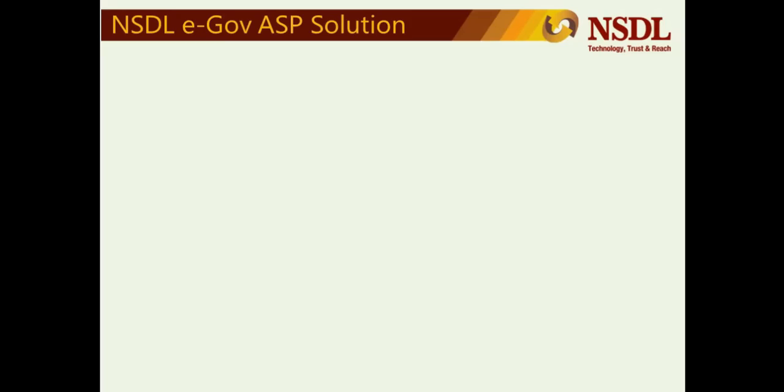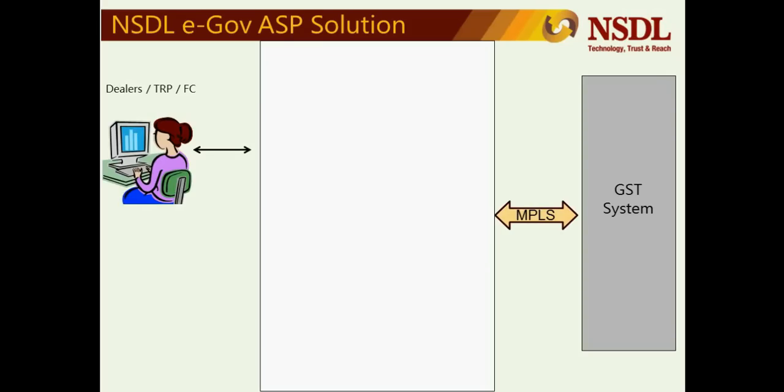Before we see the demo of the NSDL eGov ASP solution, we'll quickly take you through the steps involved in the GST returns filing process and explain how the NSDL eGov ASP solution helps to take care of all the steps. As a dealer, TRP and FC, you will register online at the NSDL eGov ASP portal.